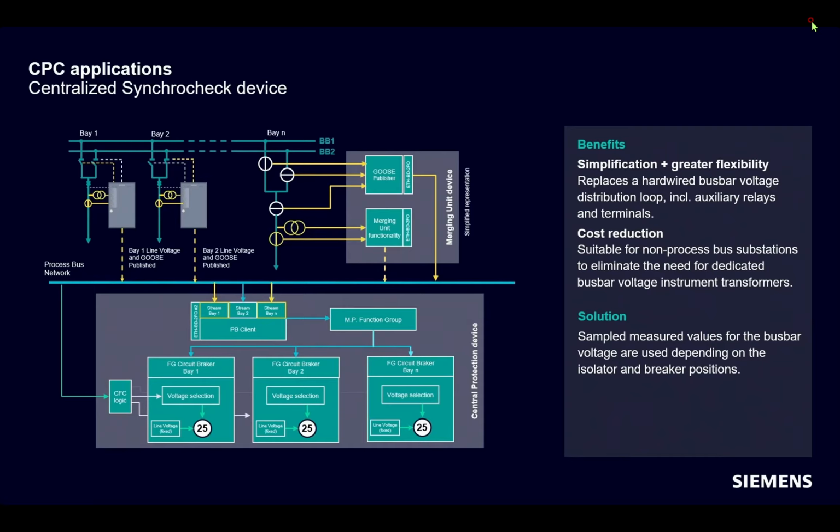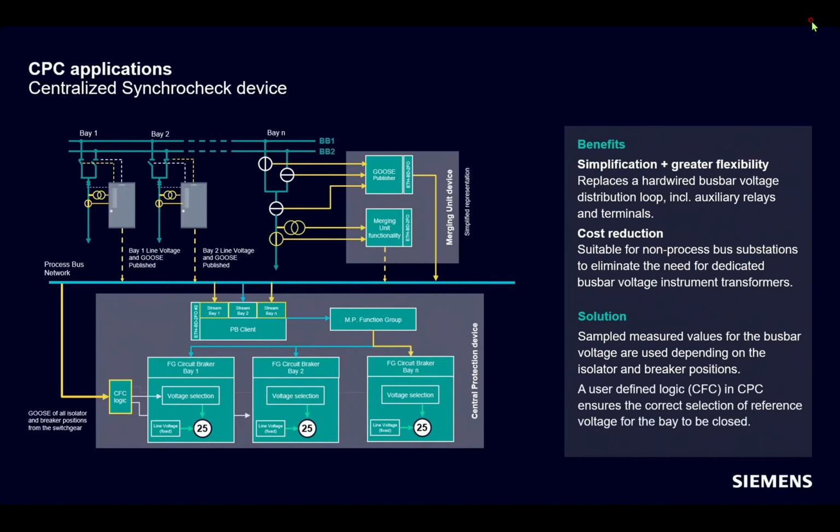Inside the CPC, a user-defined logic, CFC, is created, based on the GUS messages coming from all isolator and breaker positions, to make sure that the right reference voltage is selected for busbar A and busbar B and the bay that needs to be closed.